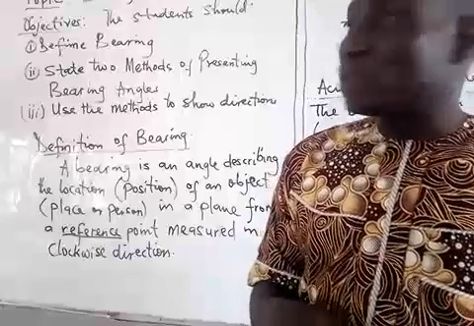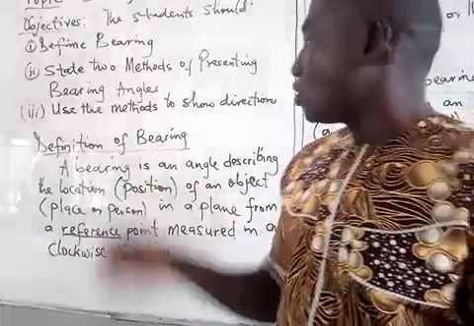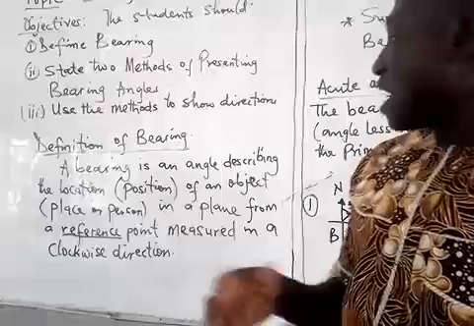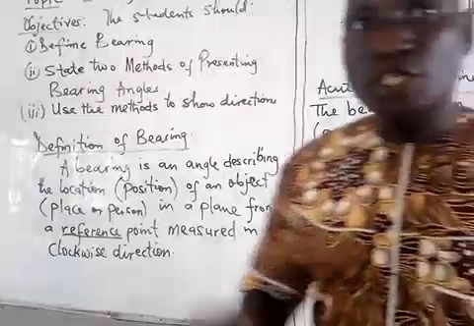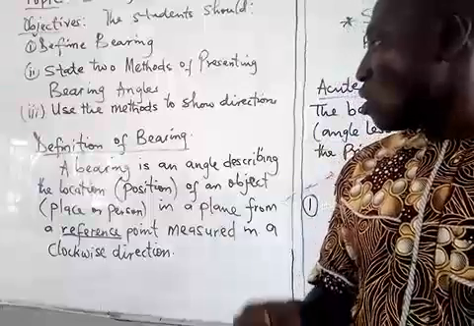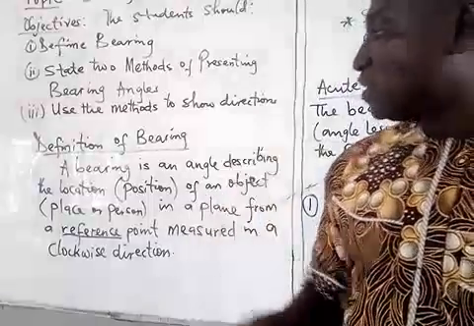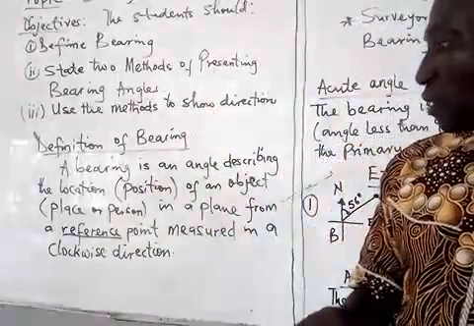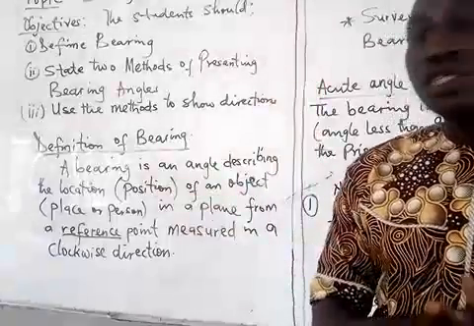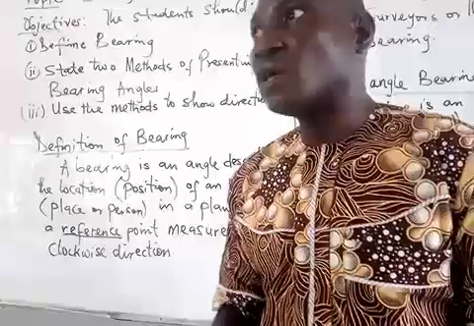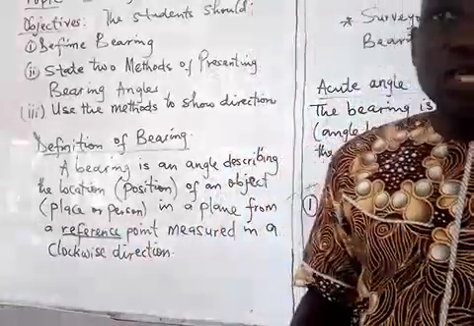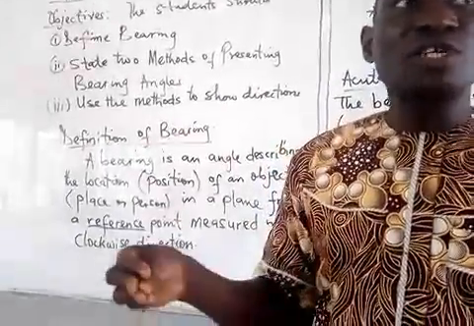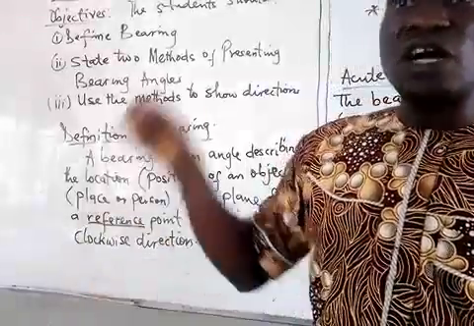So, with that brief explanation, we can now go into what bearing actually is. A bearing is an angle describing the location, or position, of an object, which can be an object, a place, or a person in a plane, from a reference point, measured in a clockwise direction. By location, we mean the position of an object.